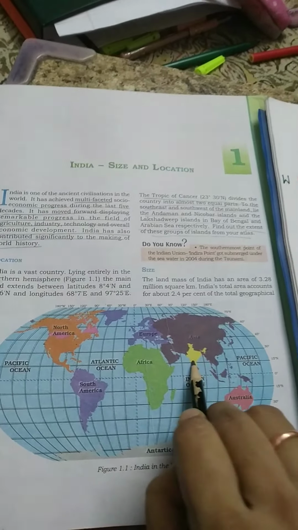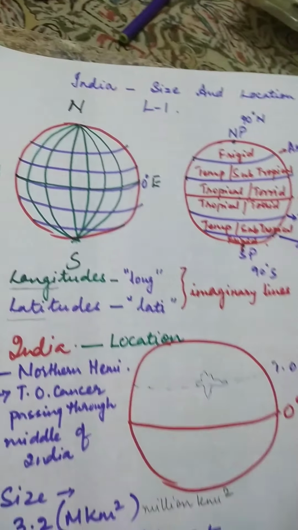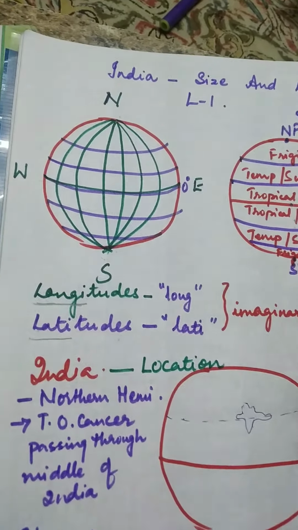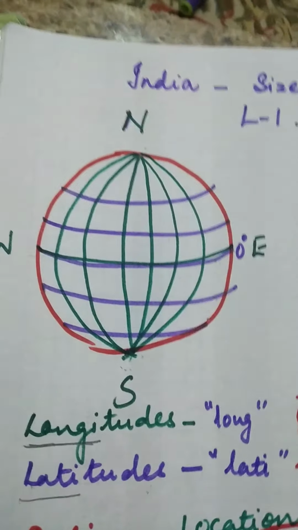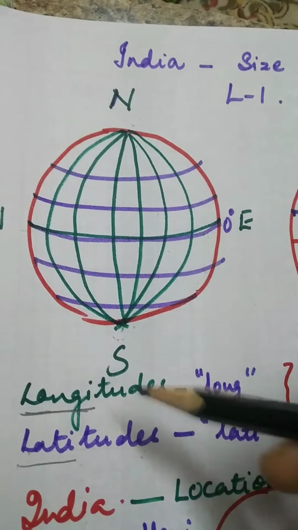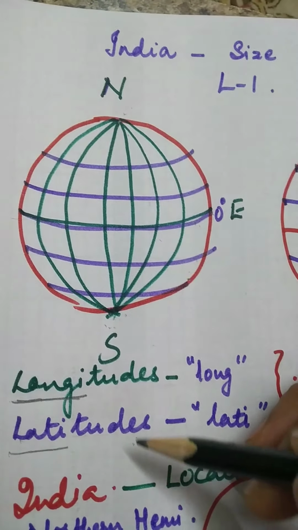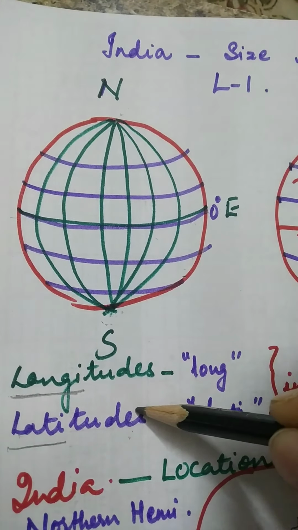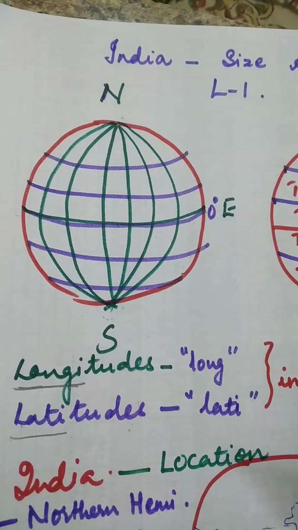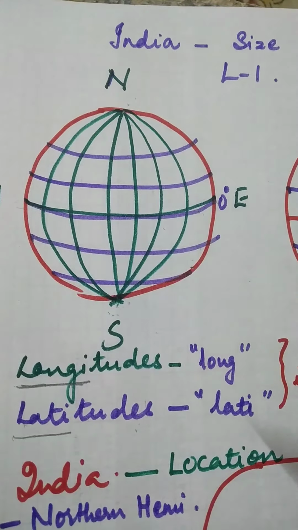Now, just before I explain to you about the location of India, I want you to understand two basic concepts: longitude and latitude. I am sure you must have done it earlier also, but we will just do a quick revision for those who have forgotten it.